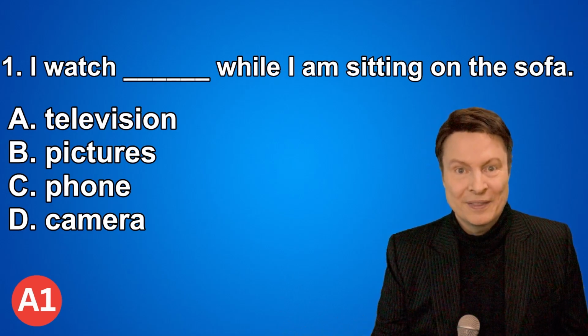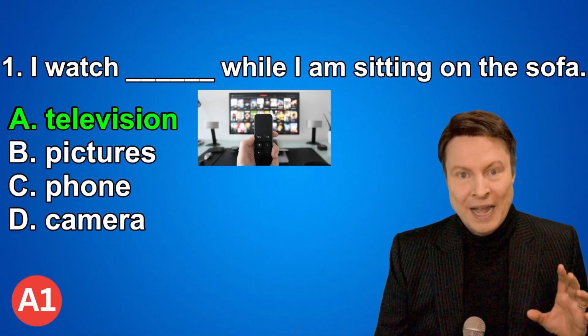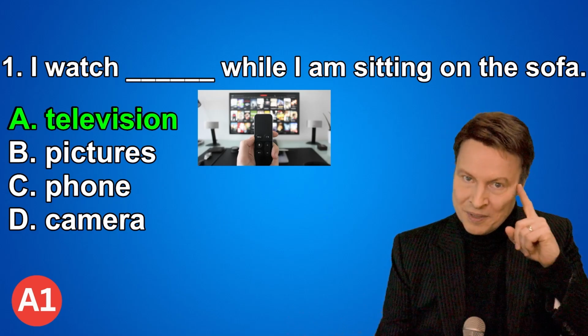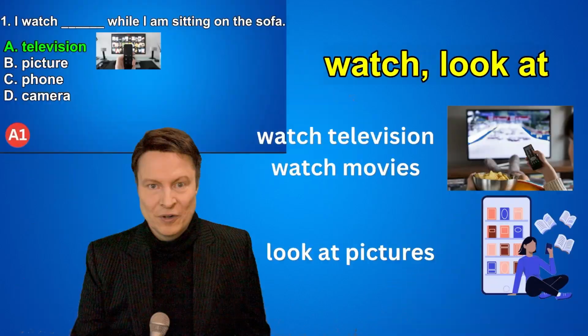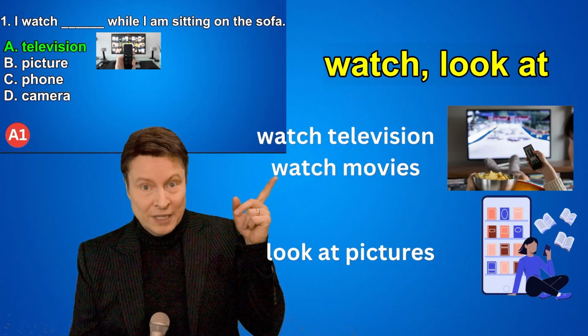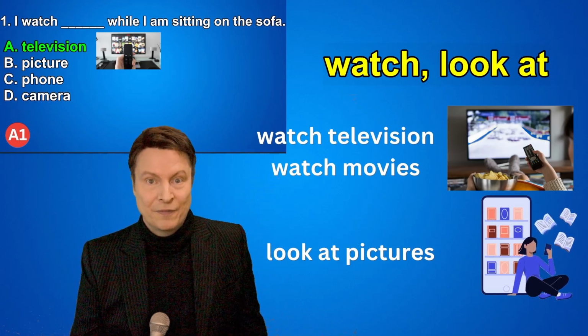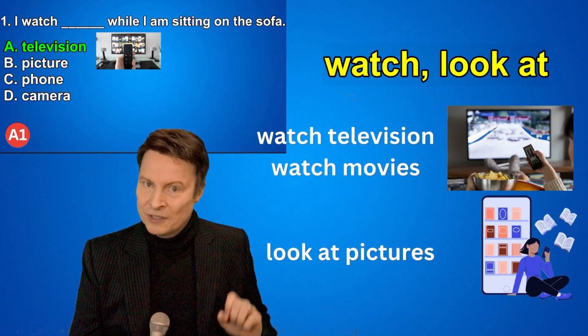And if you thought that the answer was television, that is correct. So at the basic level, you want to remember 2 important verbs, and that's watch and look at. So we watch television, we watch movies, but we look at our phone. So they're a little different.